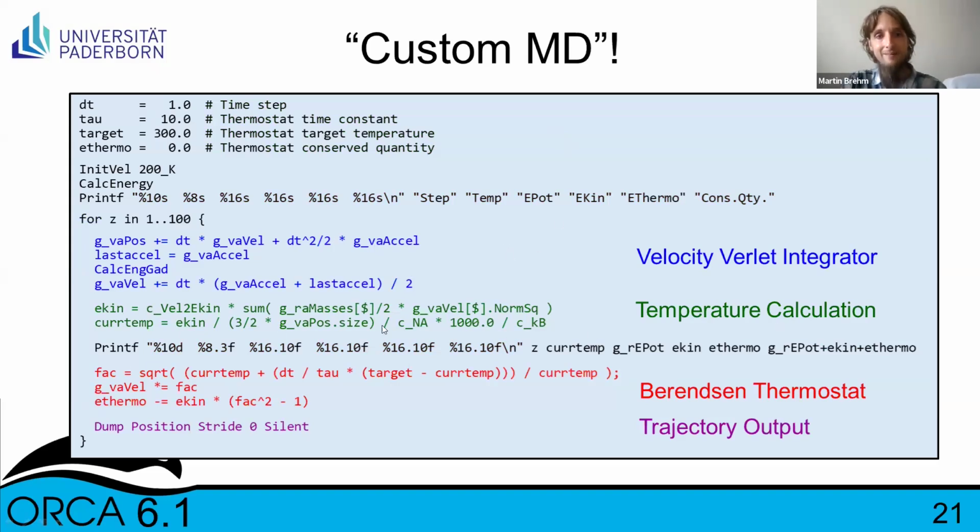The green part is the temperature calculation. You just compute the current temperature. Then you print the statistics. The red part here is a Berendsen thermostat, which you can modify in this code however you want. And finally, the purple part is the trajectory output. So you have any freedom which you want to implement custom molecular dynamics experiments as you like.